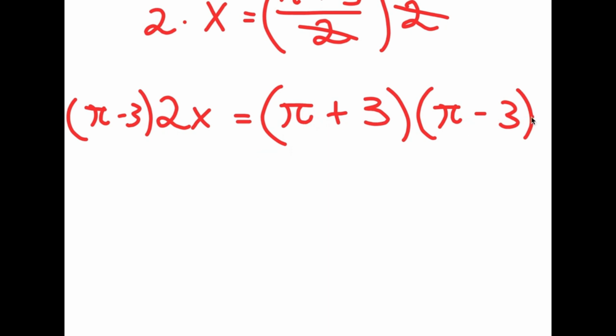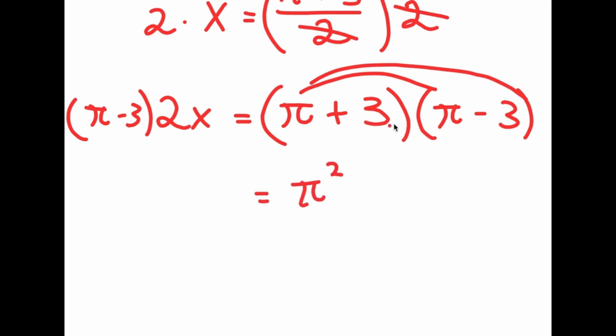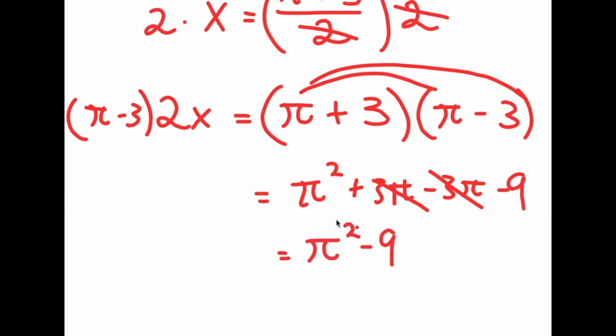Now, for pi plus 3 times pi minus 3, I'm going to distribute the pi, so I get pi squared plus 3 pi minus 3 pi, which simply cancel out. And then I have minus 9 at the end. So this is pi squared minus 9. And for my left-hand side, I can distribute the 2x, so I get 2x pi minus 6x.